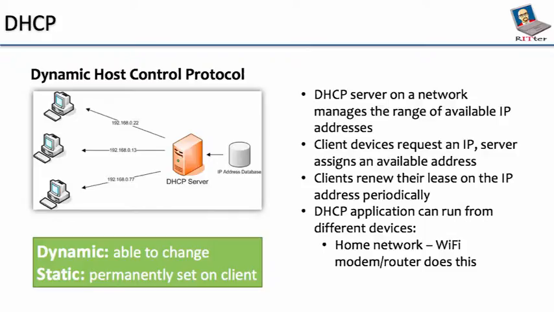Well, mostly they are dynamically assigned, and that is the job of DHCP, Dynamic Host Configuration Protocol. It's actually a bit of software that runs usually on a server. In most home networks, your DHCP server is probably running from your Wi-Fi modem router. And there's a system there assigning IP addresses to devices that want to connect to your network.